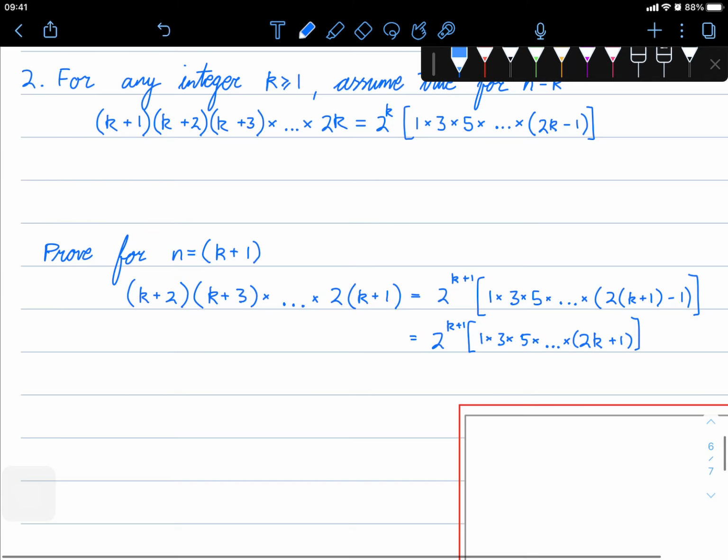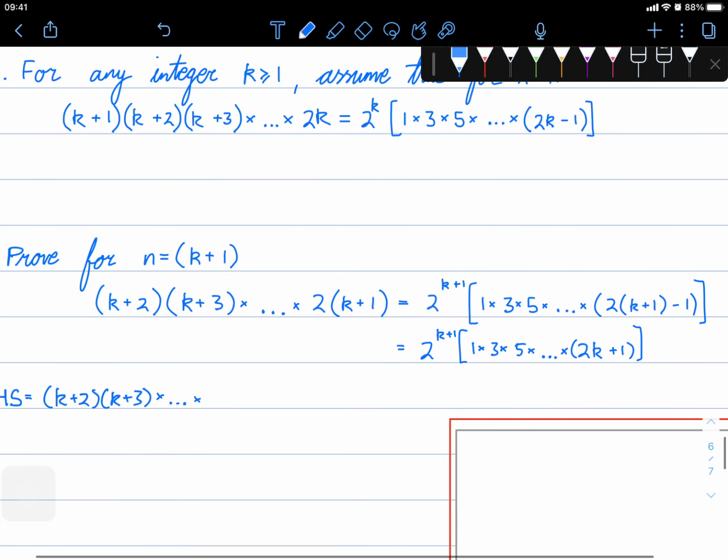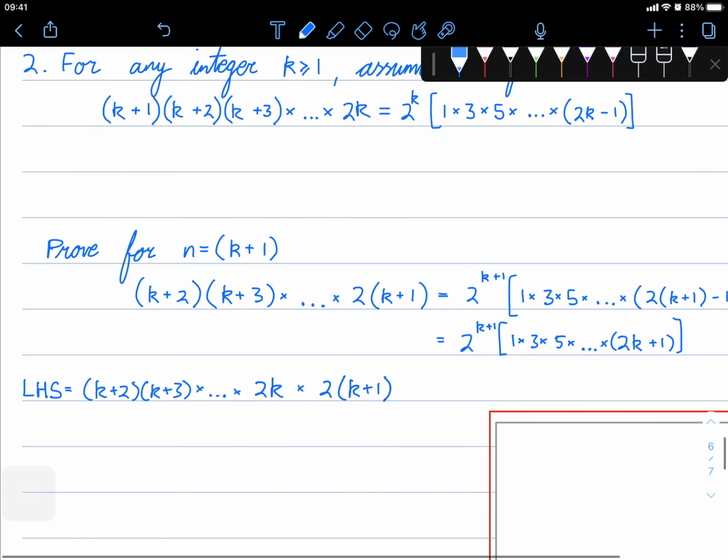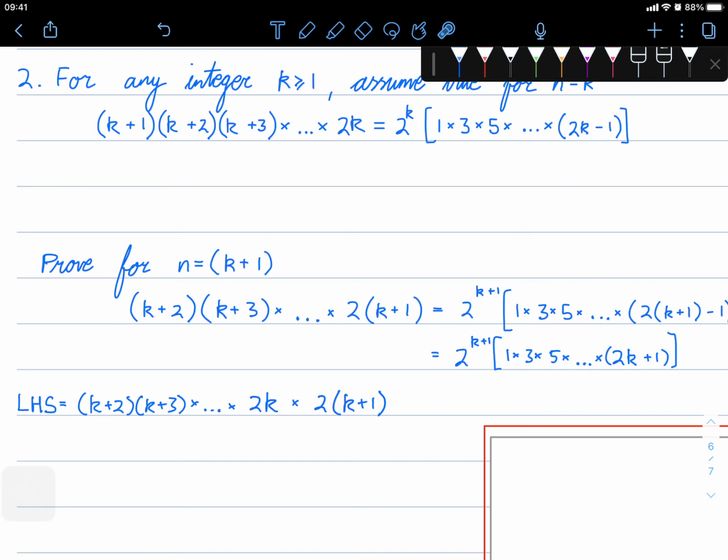Now let's take a look at the left hand side. We have k plus 2, k plus 3 times dot dot dot. And as per usual, we always have that extra term right before k plus 1, we have that 2k times 2 times k plus 1. Now, normally we would do a substitution, but take a look.